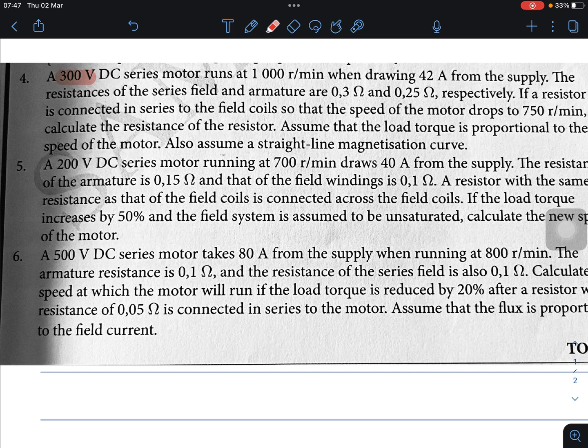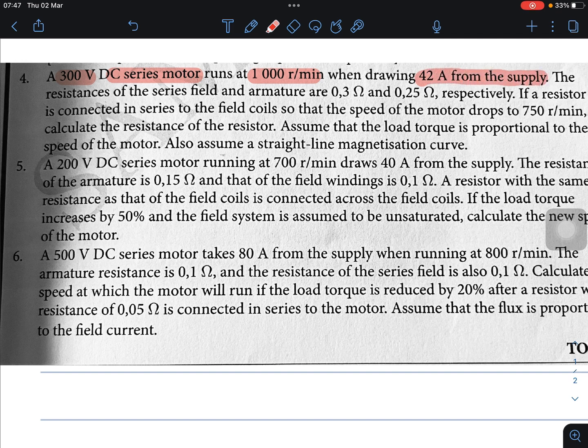So it's important to note what type of motor it is, because the way we analyze a series motor is different from the way we analyze a shunt motor. It runs at 1000 revs per minute, N1, when drawing 42 amps from the supply.